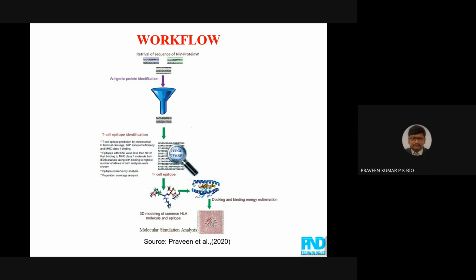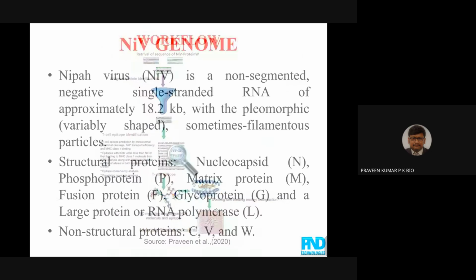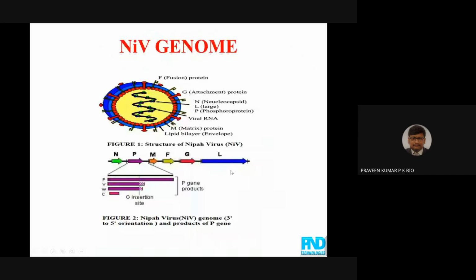Download the 3D structure and then try to dock the peptide with the protein through peptide-protein docking servers. This is how we can find it. This is what we have done in the research paper.